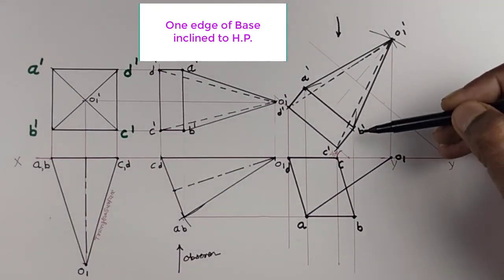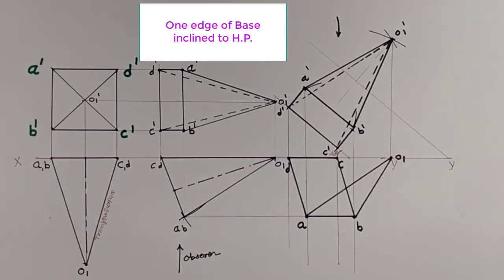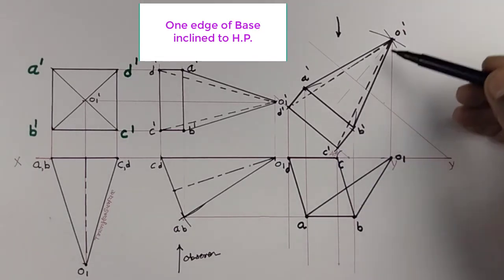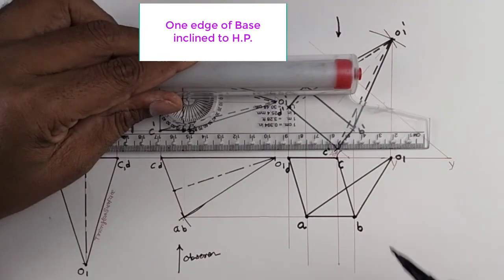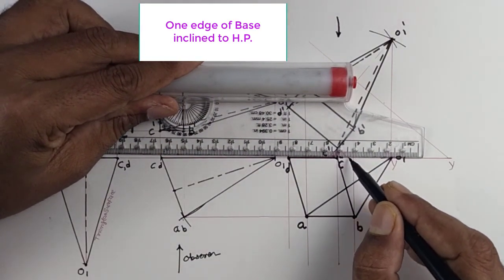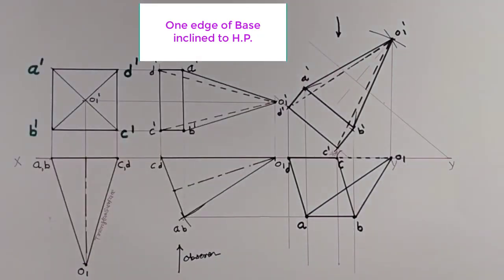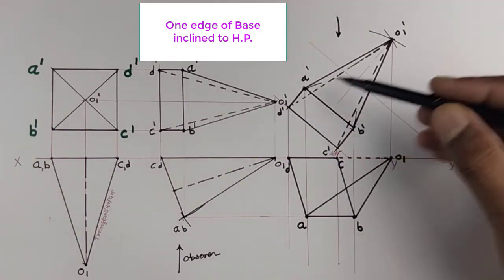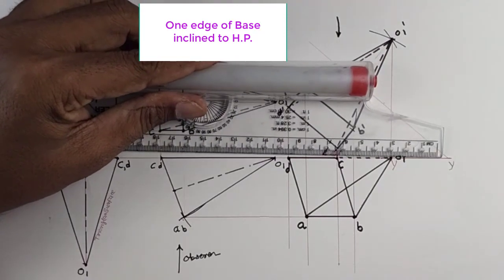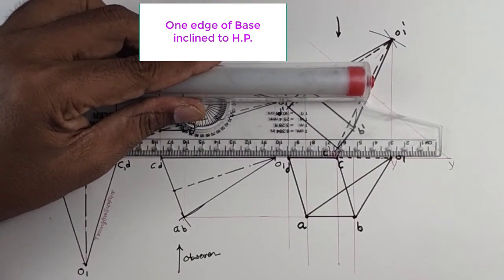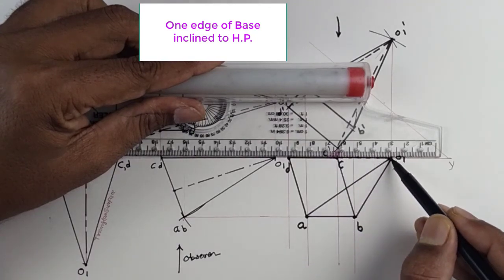Then from top view BO1 is visible. So I draw the BO1 dark. But the CO1 is not visible from top view orientation. So I can make the CO1 a dotted line. This is a very important concept here. But the DO1 from top view is visible. I draw the DO1 as a dark line. So there is an overlap of full line and dotted line. So you can convert your dotted into a full line.